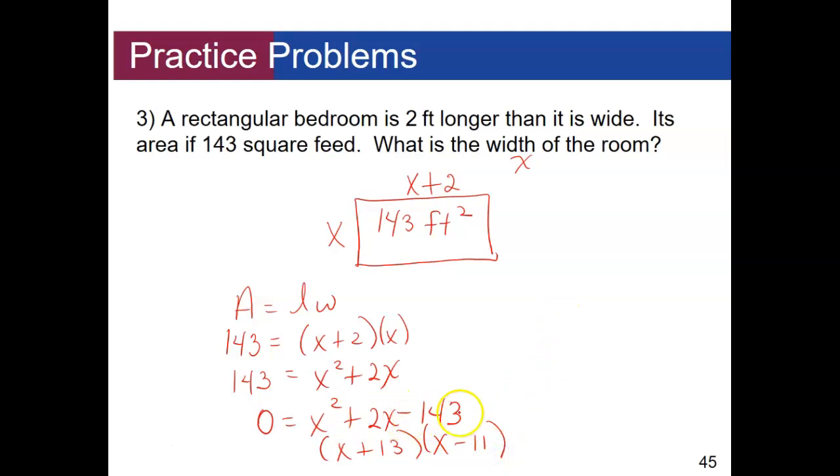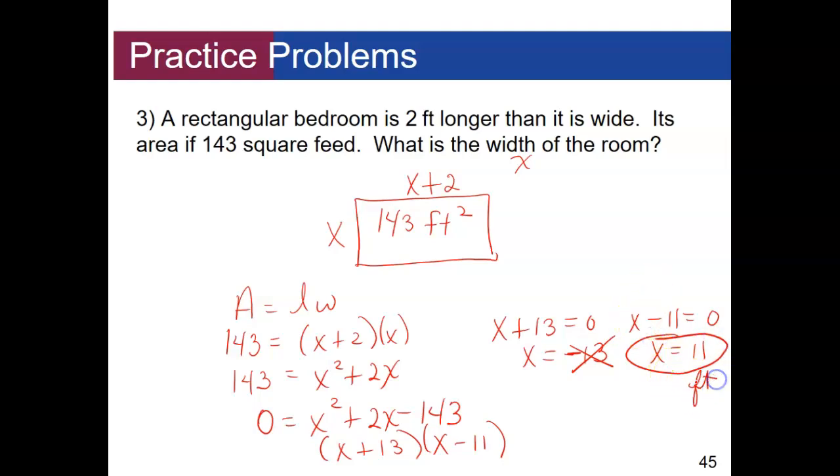So if you don't recognize that this factors, then go ahead and use the quadratic formula and you should be able to solve that. So take each of these parentheses and set them equal to 0. So we'll get x equals negative 13 and x equals 11. We're going to have to eliminate this one because we can't have the negative side of a bedroom. So x is going to be 11 feet for our answer on this one.